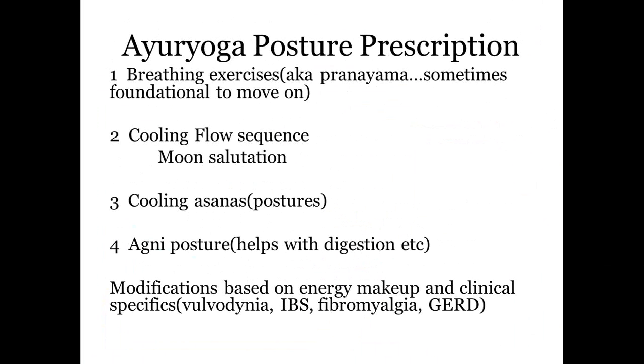Cooling asanas should be done, and should be done slowly, as we talked about earlier, and there should always be some Agni posture. This helps with digestion, and there are very specific postures that don't heat the body but improve Agni. And there are modifications that can be made based on the energy makeup and the clinical specifics. That is, do you have additional problems with vulvodynia, IBS, fibromyalgia, or GERD?